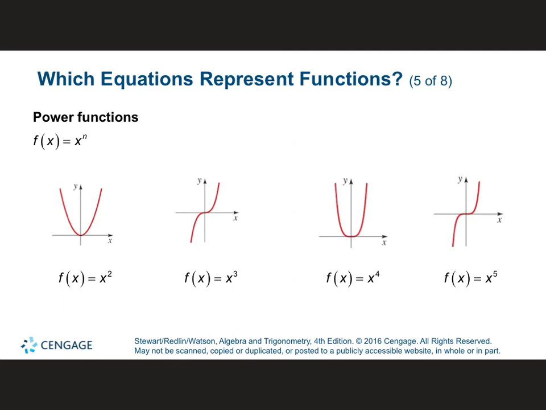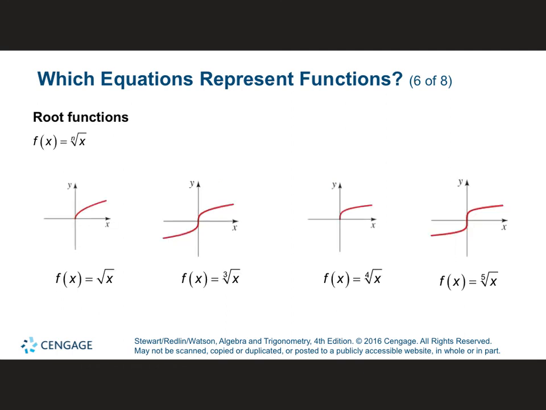Your power of 4 functions look like your squared functions. So what you see here, any even power, it's going to be that U. Any odd power, you're going to have that sideways S looking line.